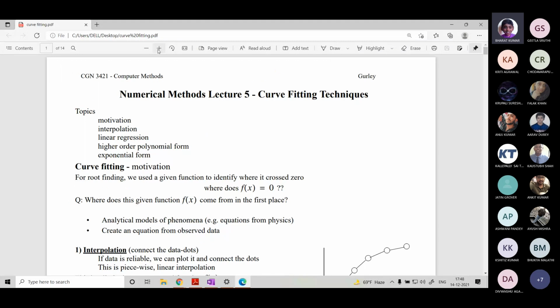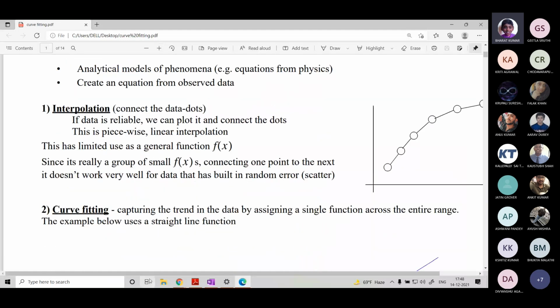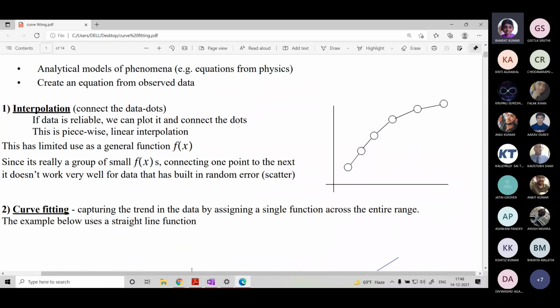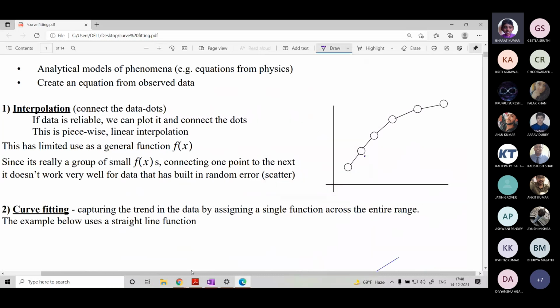So this curve fitting is most important to you compared to interpolation. So here, if you look at these data points, suppose that dots are the data. These dots, let's say this is P1, P2, P3, P4, P5, and P6.